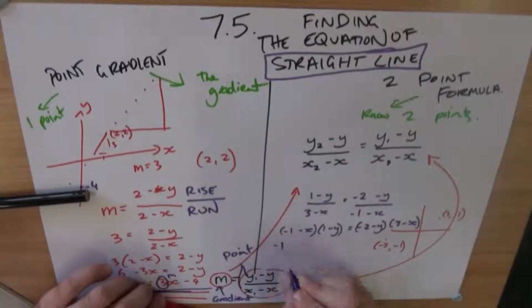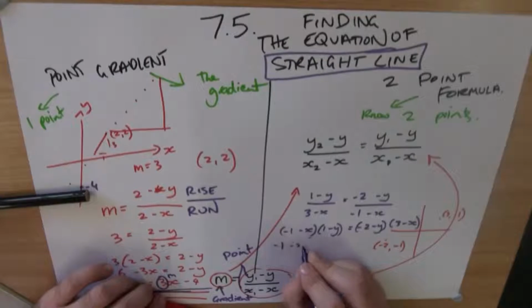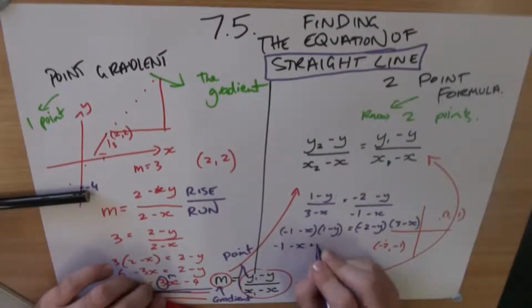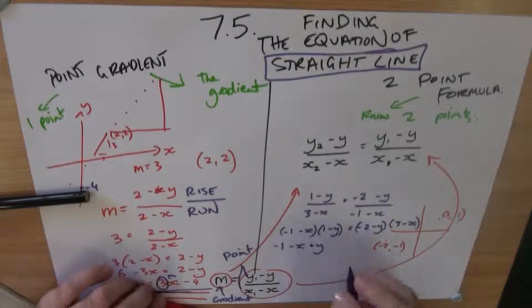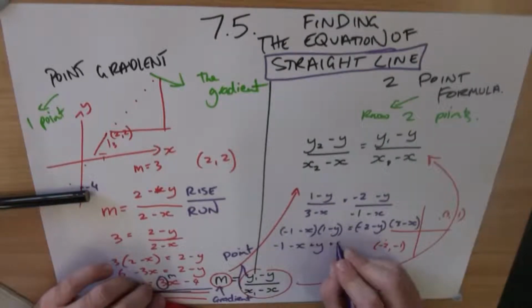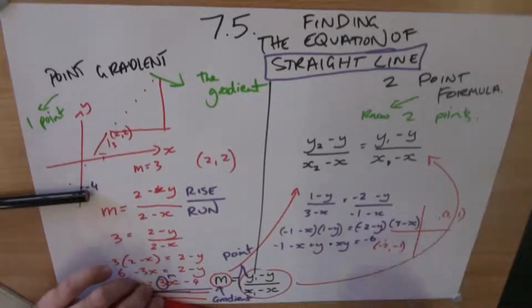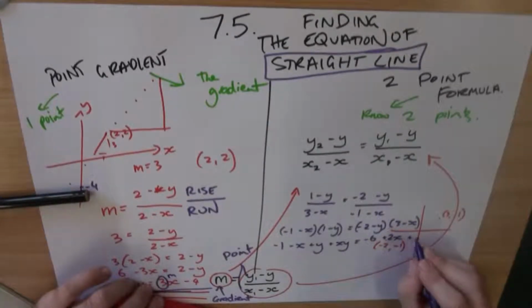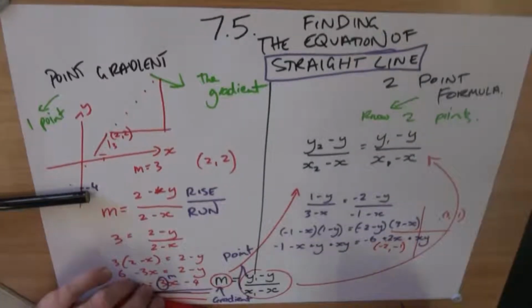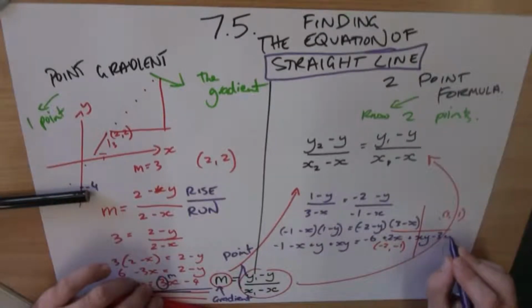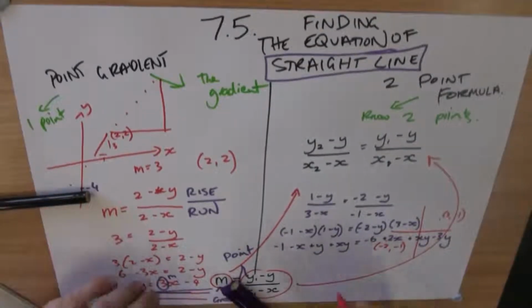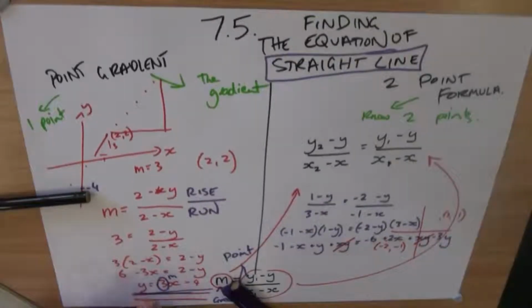Expanding those out, -1 minus x plus y plus xy equals -6 plus 2x plus xy. Oh, I missed one. Minus 3y. The xy's cancel out. Now we're going to move everything around the way that we want it.